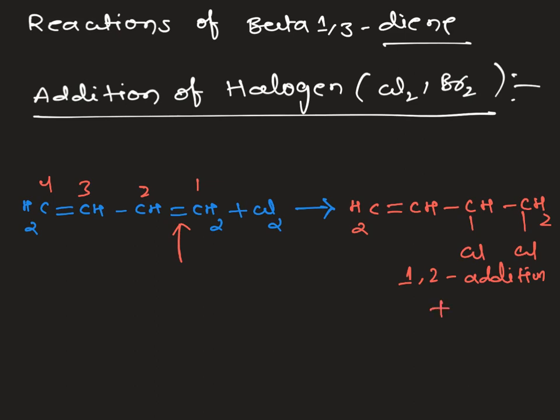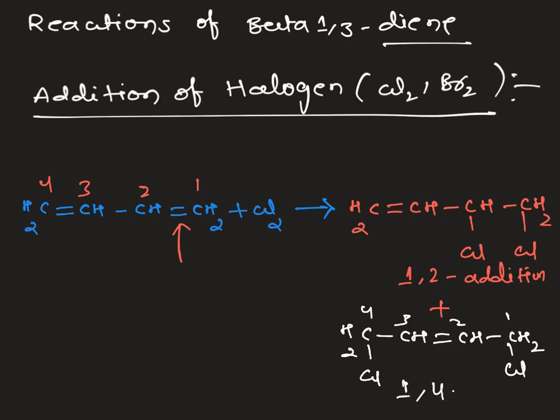Along with this we will get another product, that is the 1,4 addition product, where chlorine is attached at the fourth position and the first position, this is 1, 2, 3, 4th, so at the 1 and 4 positions chlorine is added.